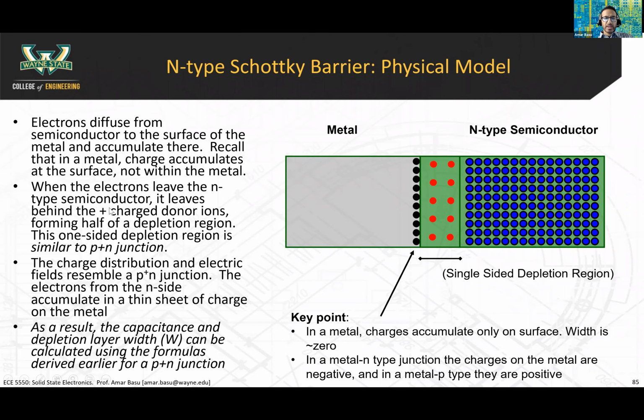Of course, when the electrons leave the N-type semiconductor, it leaves behind a space charge region, or a depletion region. These red circles that you see here are the classic N-type depletion region. They are like phosphorus ions, dopant ions with a +1 charge.